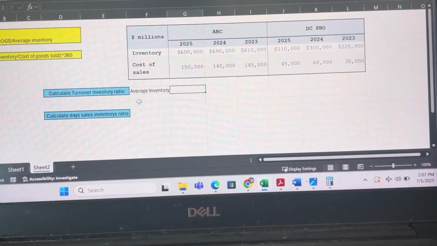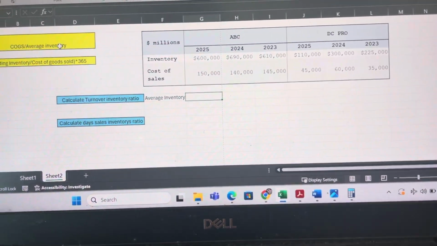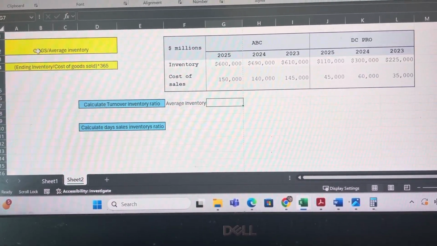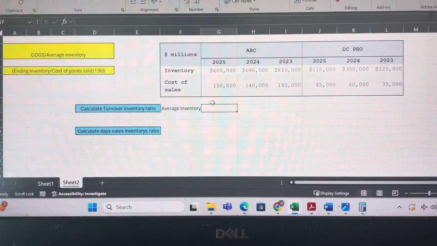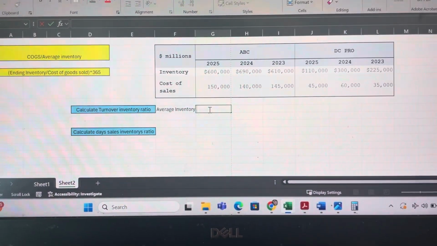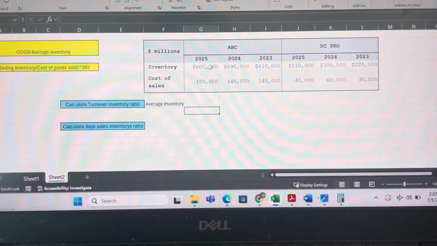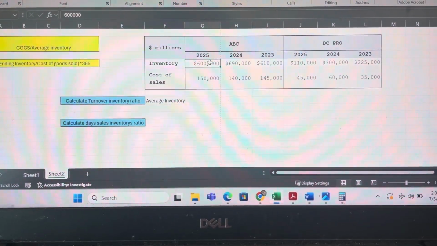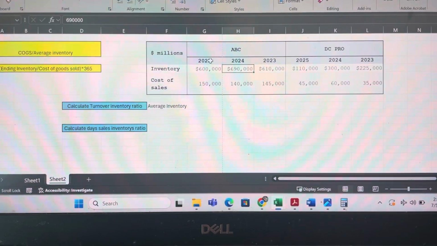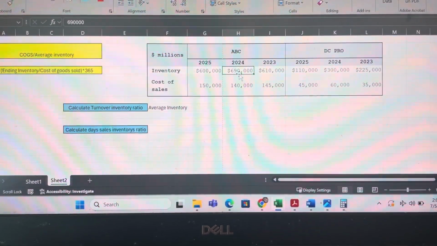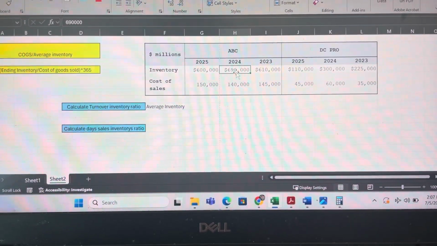Okay, so first I'm going to do this formula: cost of goods sold divided by average inventory to get the turnover inventory ratio. I'm going to find out average inventory first. So you need to notice that this is the ending inventory of each year. So for the year 2025, the beginning inventory is this one, 690,000.